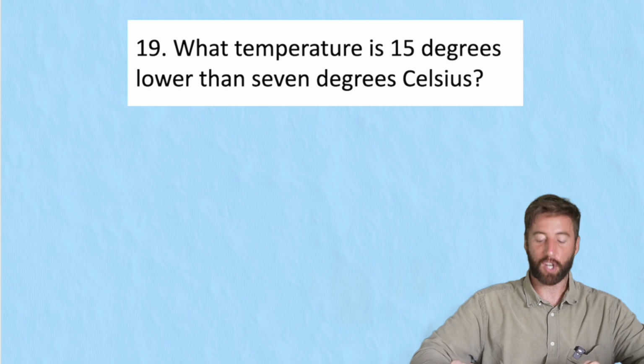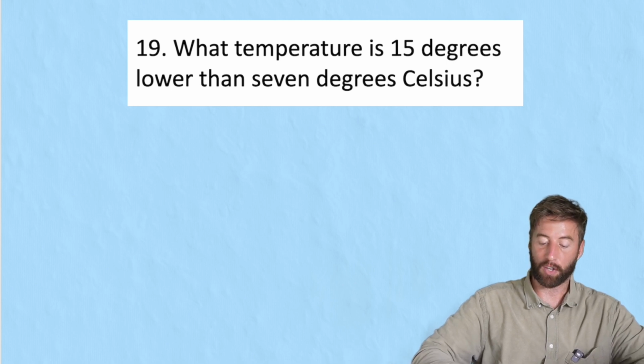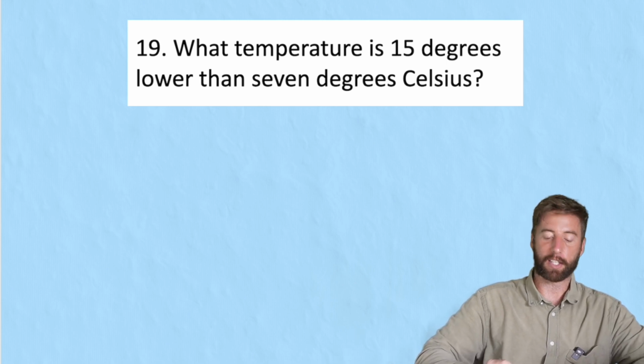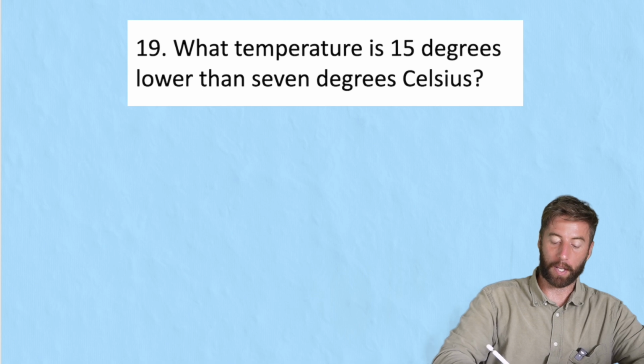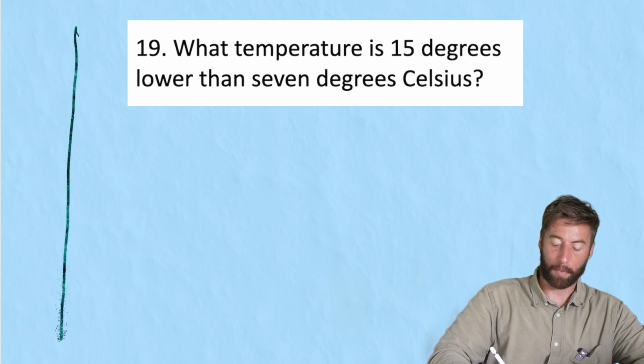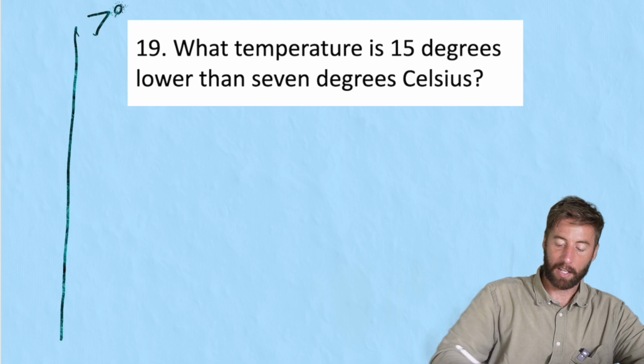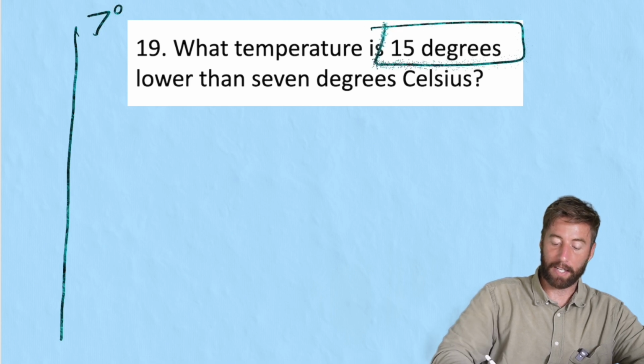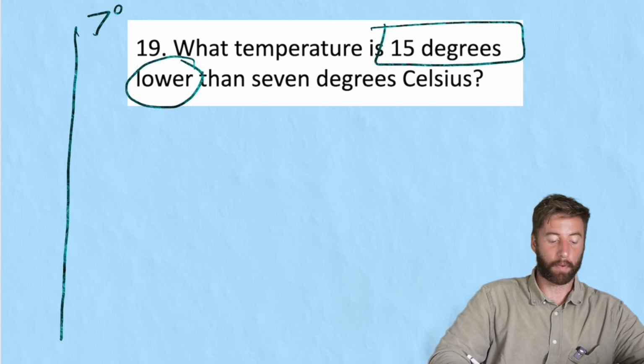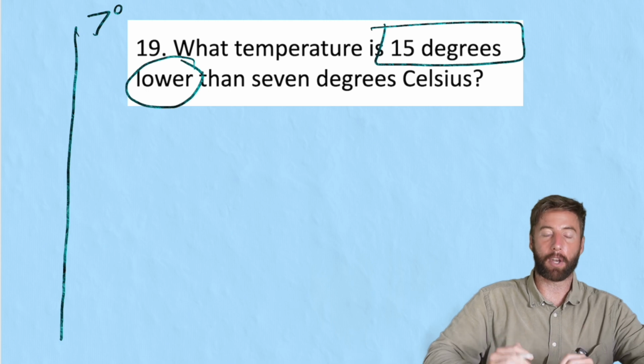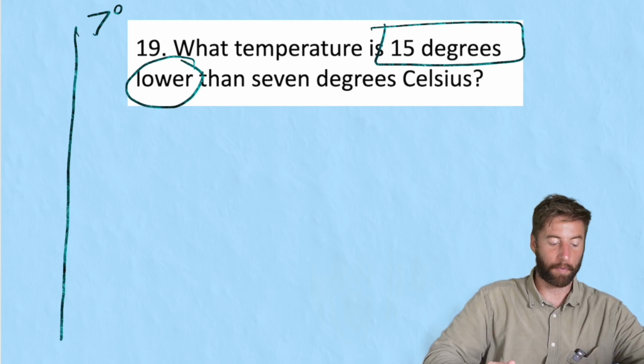Next question, question 19. What temperature is 15 degrees lower than 7 degrees Celsius? So basically what we're doing is we're drawing a temperature thermometer, and I'm at 7 degrees, and I'm coming 15 degrees lower. So if I'm coming 15 degrees lower, I'm going to be coming down my number line or down my thermometer, however you want to look at it.